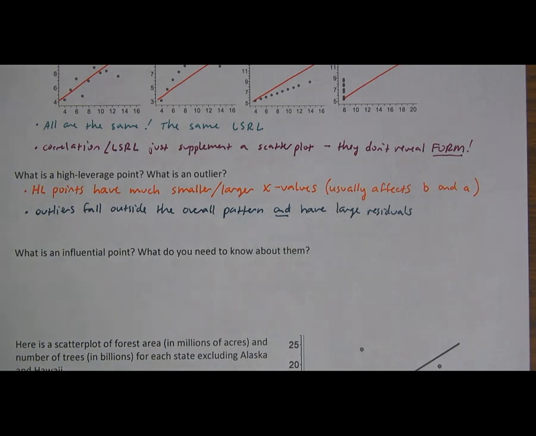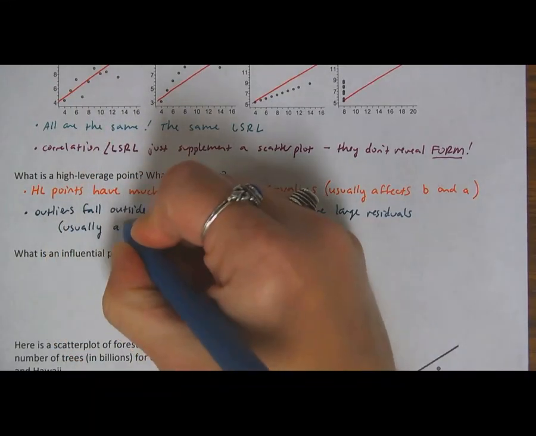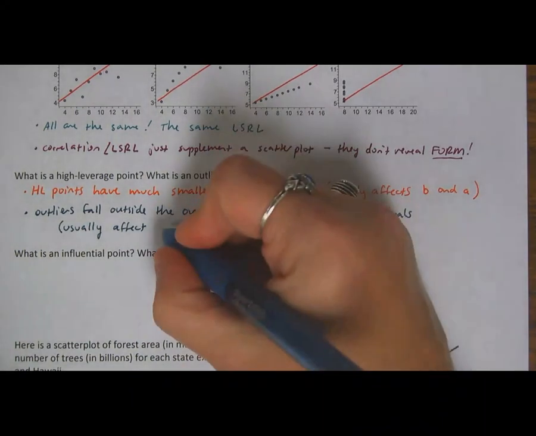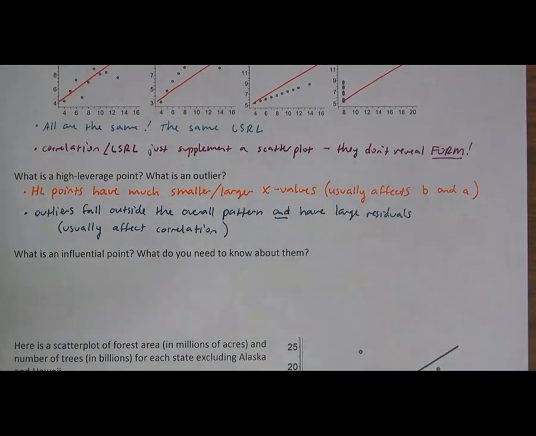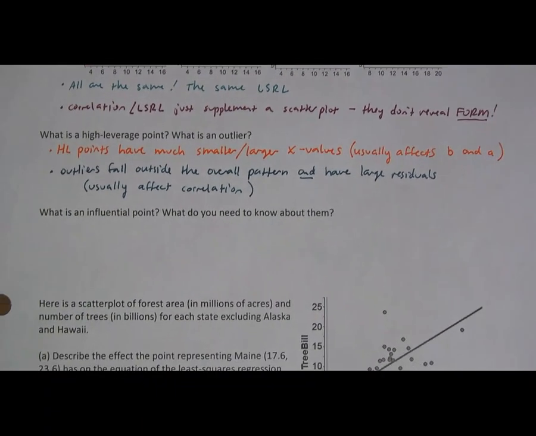They're either far above or below that least squares regression line. And what they usually affect, they could possibly affect the slope and y-intercept, but usually what they're going to affect is the correlation, the R value. Usually they're going to weaken how correlated all the data points are, the explanatory to the response variable.